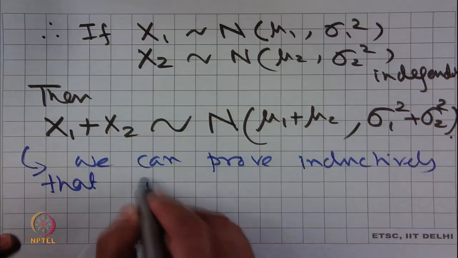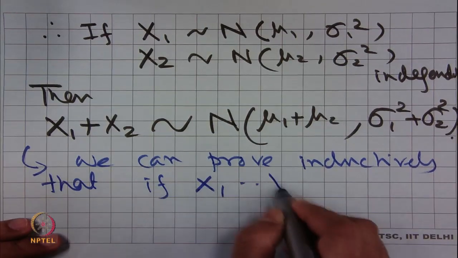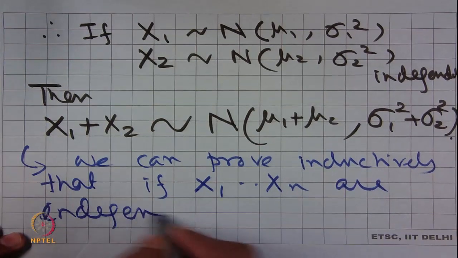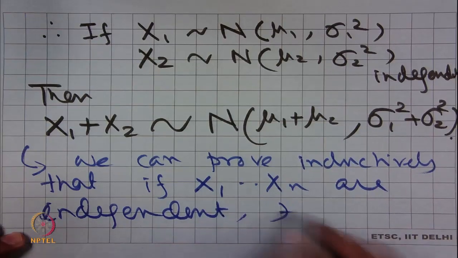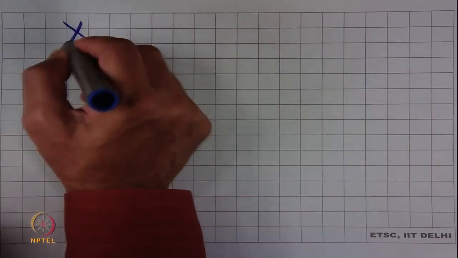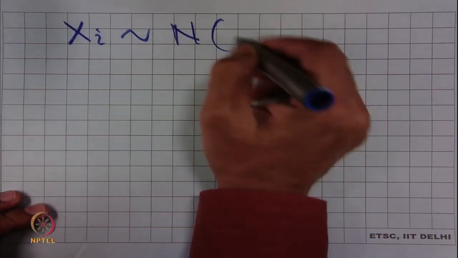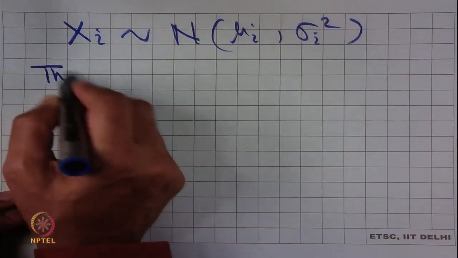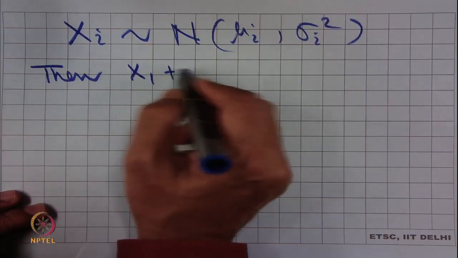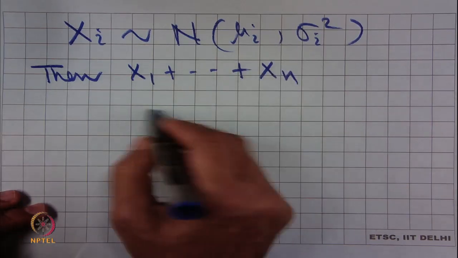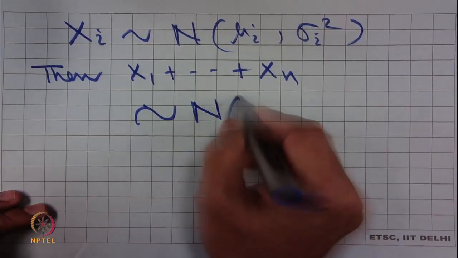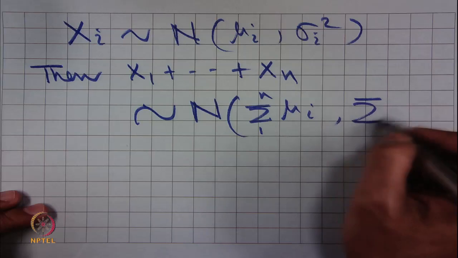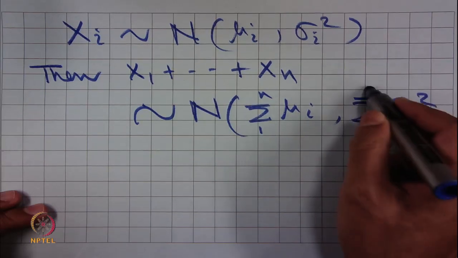That if x 1, x 2, up to x n are independent such that x I is normal with mu I and sigma I square, then x 1 plus x 2 up to x n is distributed as normal with sum of mu I and variance equal to sum of sigma I square, I from 1 to n.